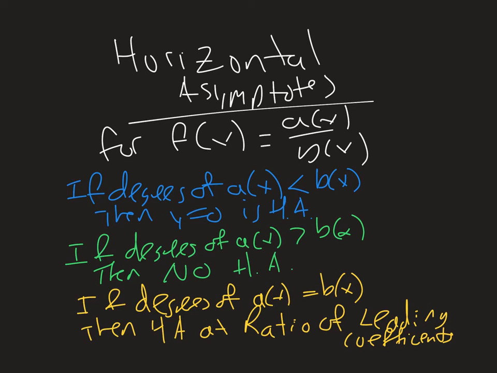If you're looking at horizontal asymptotes, the way it's presented in most textbooks is if you look at any given rational function, a of x over b of x, where a of x and b of x are both polynomials, if the degree of a of x is less than b of x, then 0 will be your horizontal asymptote.